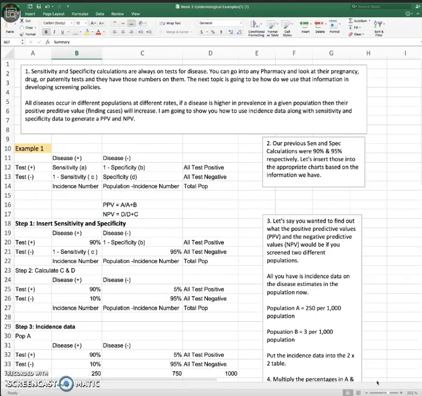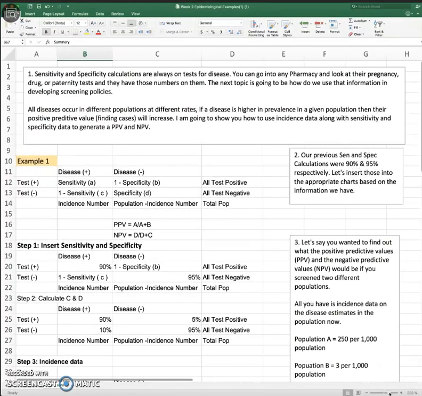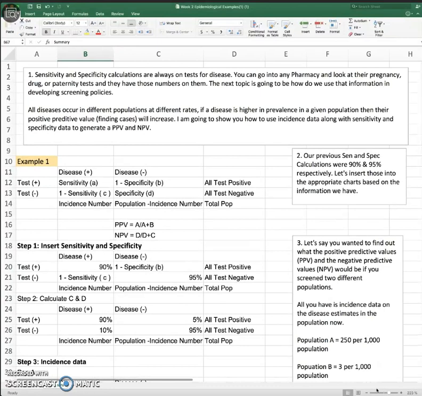Now, this gets a little bit more complicated, as we are going to apply sensitivity and specificity to a real example. You can find these sensitivity and specificity calculations on anything, from pregnancy tests to drug tests to tests for HIV, STDs, or tuberculosis.